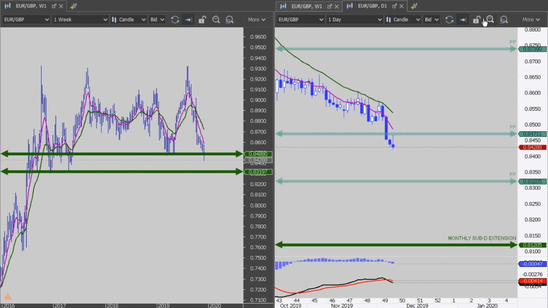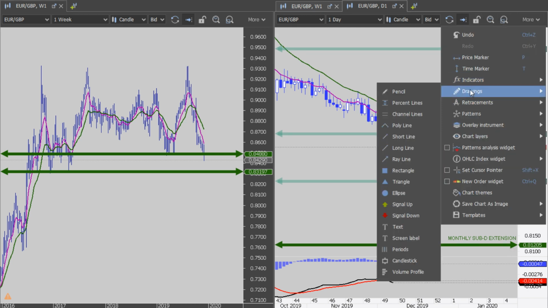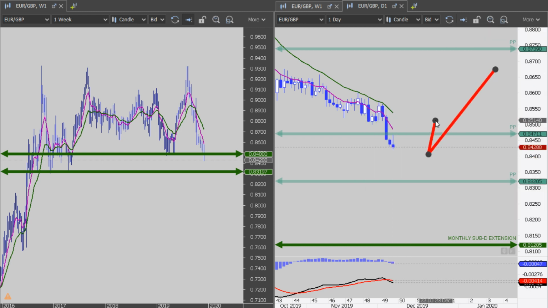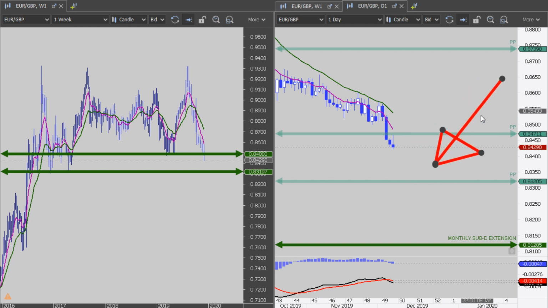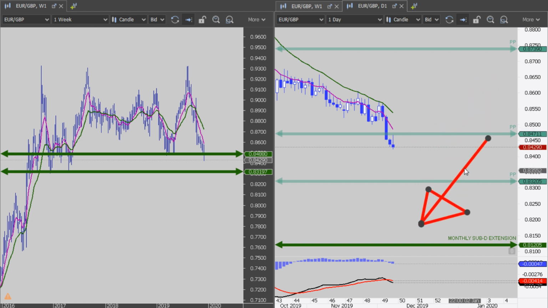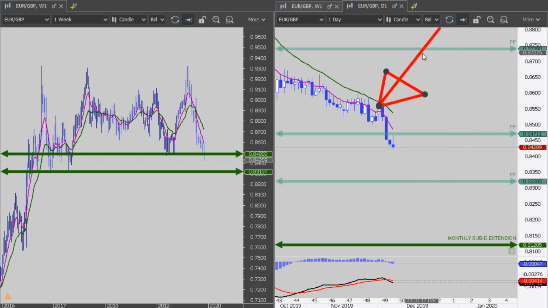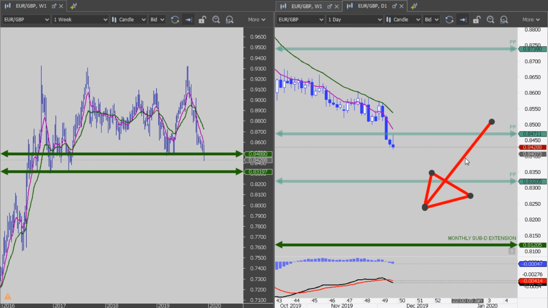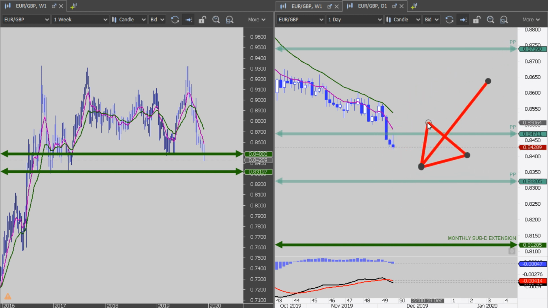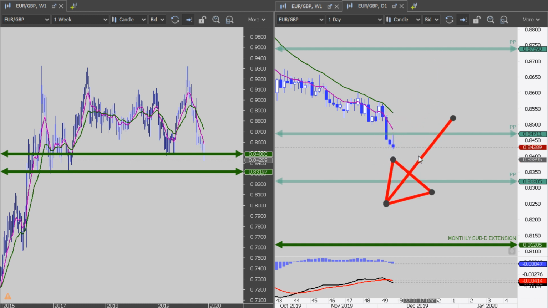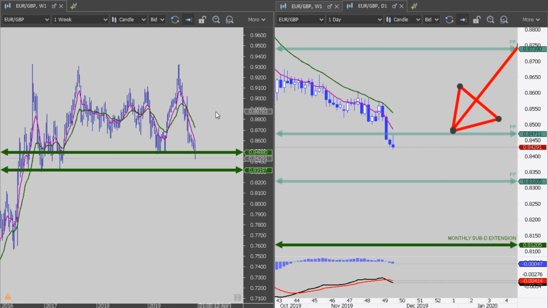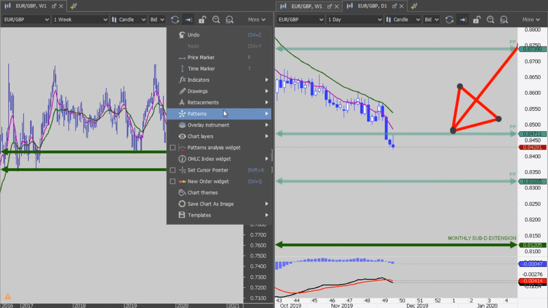Now something is going to happen around the second pivot point, which is down here, or maybe around the monthly sub-D extension. But when the market is going to be ready to move up, now the question is, is this going to be just a retracement?